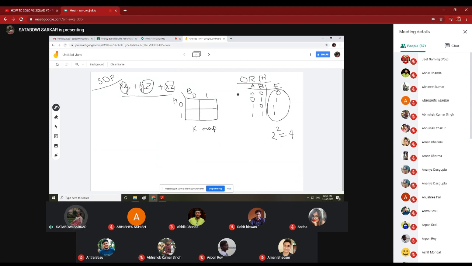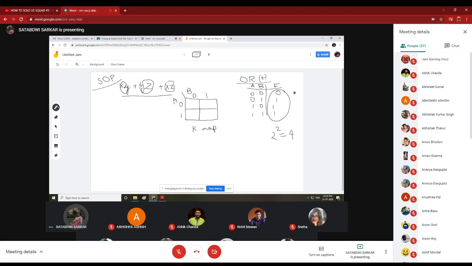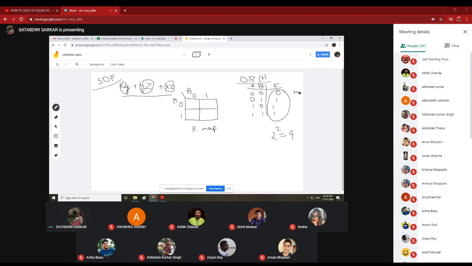This is for M0. This is the min term form, so we will write as small m, M1, M2, and this is for M3. So this field is called M0 field. This is for M1, this is for M2, and this is for M3.